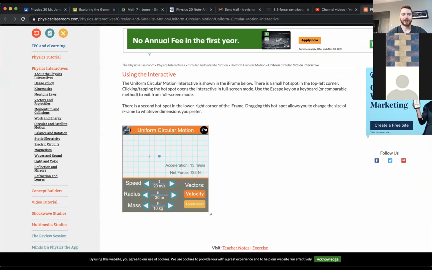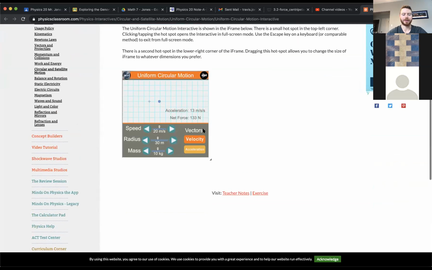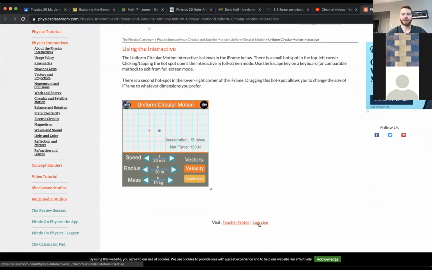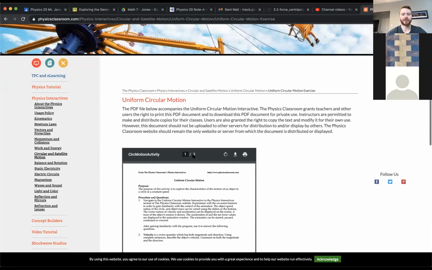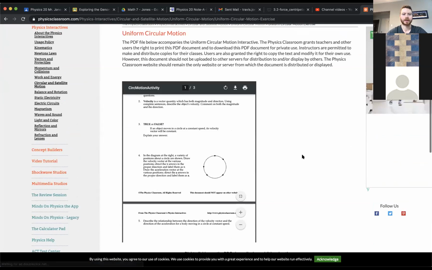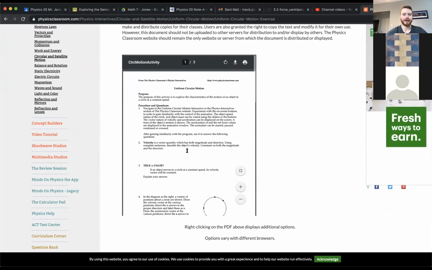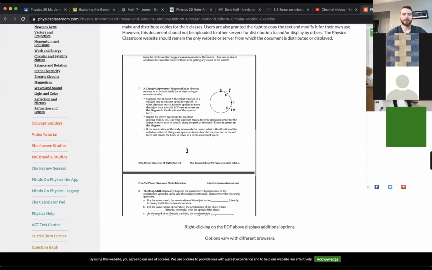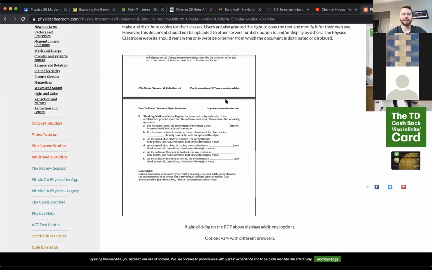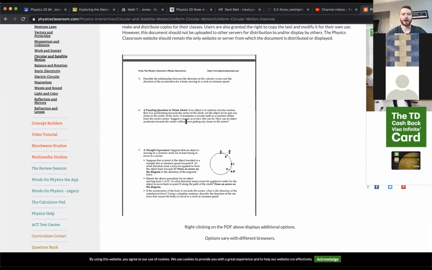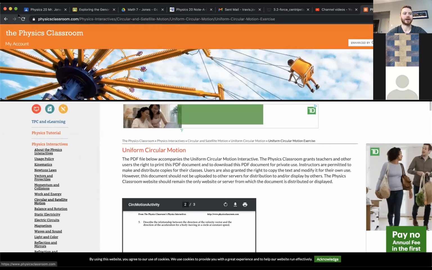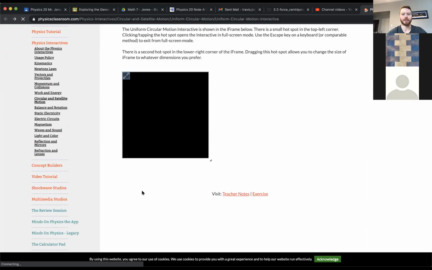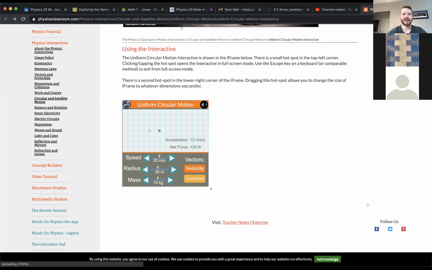Click the link and play around with it. There is a little exercise associated with that as well. If you click on the exercise, you will see a 3-page handout here. So please complete that today. This is not for marks, but it's just going to help us reinforce what circular motion is and what is going to occur as we play around with this interactive here.